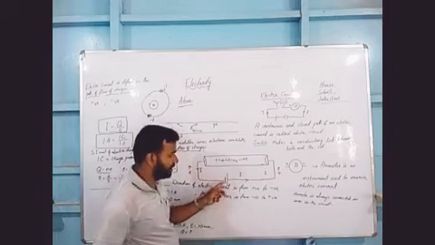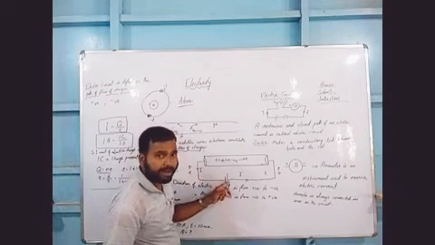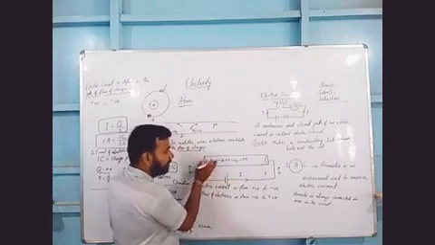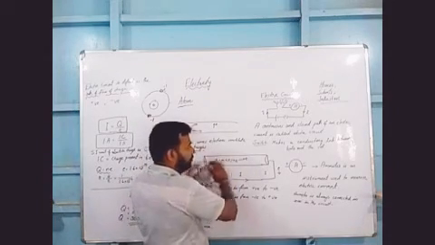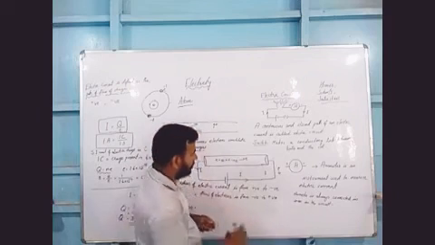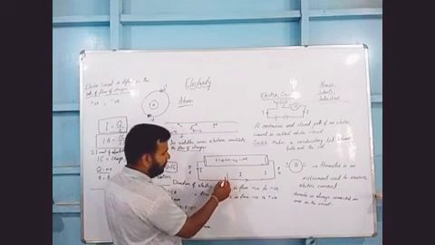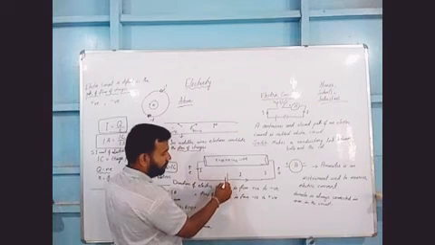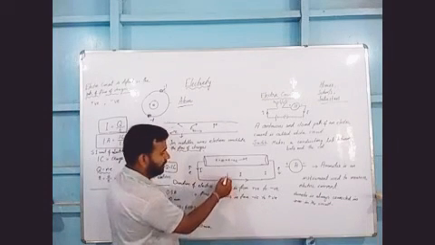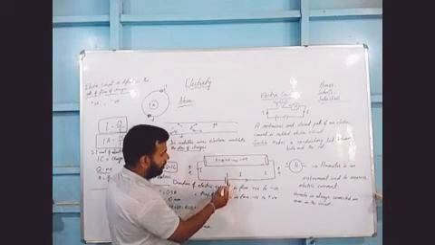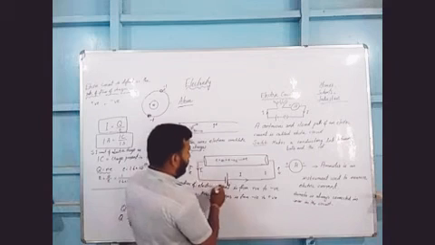For that we are using a cell or a battery, which is used for moving these electrons through this metallic wire. See here, when you apply a battery, the short lead represents the negative terminal of the battery, and this long lead represents the positive terminal.